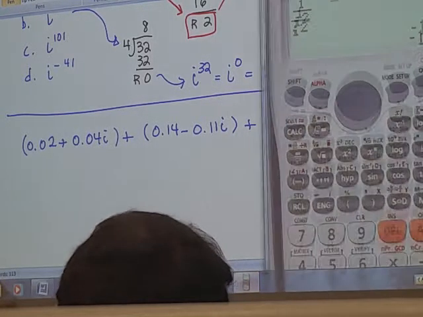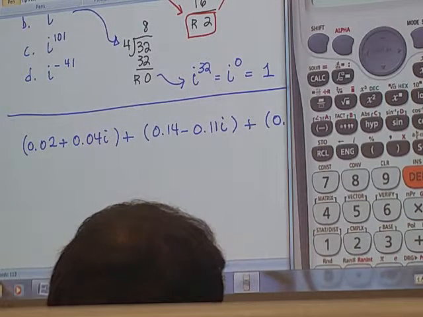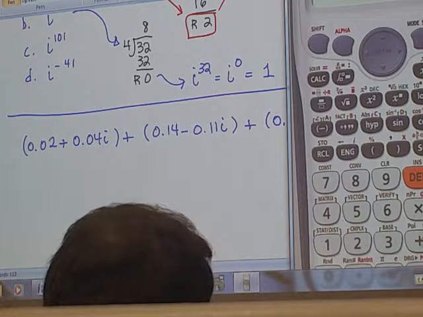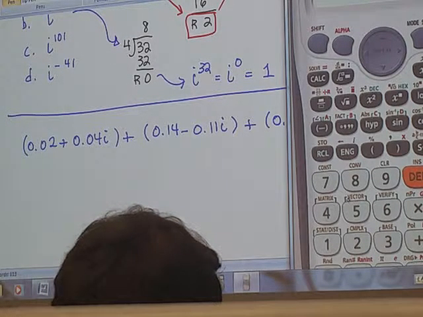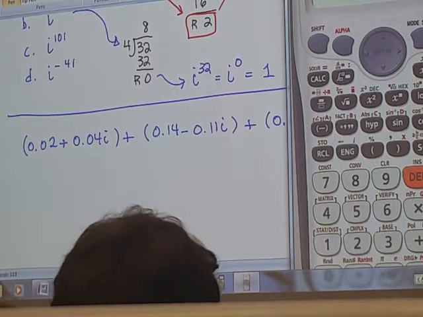Okay, so all I have to do is type these all in. I don't actually even need the parentheses. So I got 0.02 plus 0.04 with an i. Actually, I don't have to do anything if I just hit the angle key with an i.